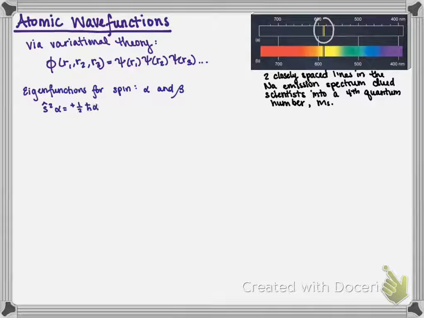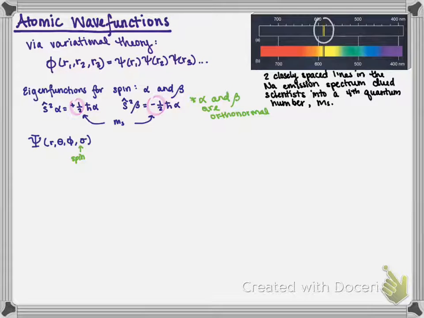If you apply the spin operator to alpha, you get an eigenvalue of positive 1/2 h bar, and if you apply it to beta, you get an eigenvalue of negative 1/2 h bar. As you might recall, positive and negative 1/2 are the available values of m sub s. We call positive 1/2 spin up and negative 1/2 spin down. Note that alpha and beta are orthonormal wave functions, just like all of our other quantum wave functions.